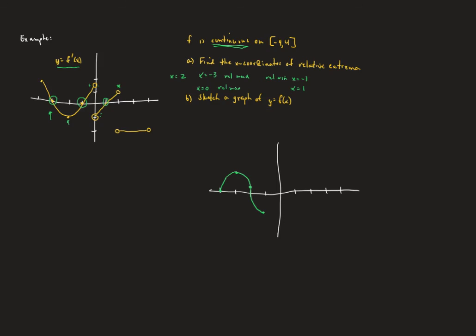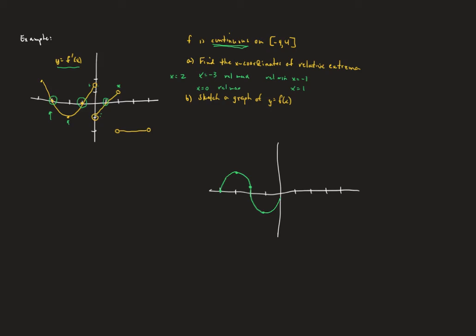That's a relative minimum. We're going to increase until we get to 0, and that's looking like it's a positive slope. And so when we get to there, it's coming in positive from the left, but it's going to come out going negative. So that's going to be some kind of a corner point.